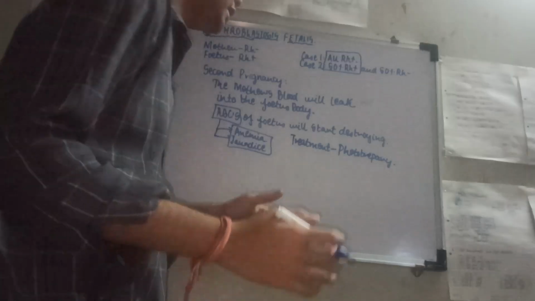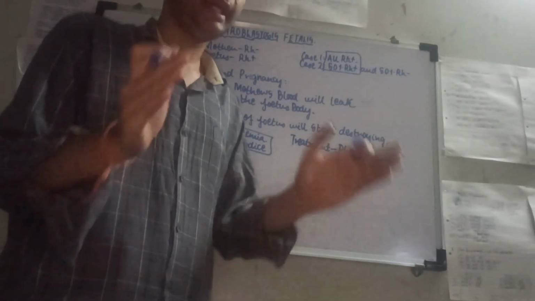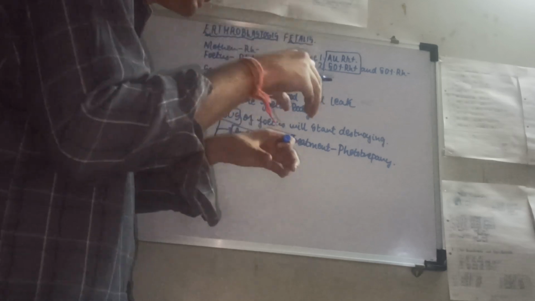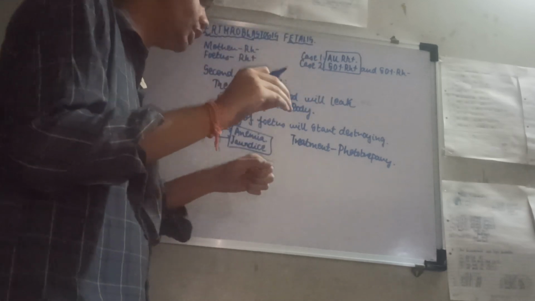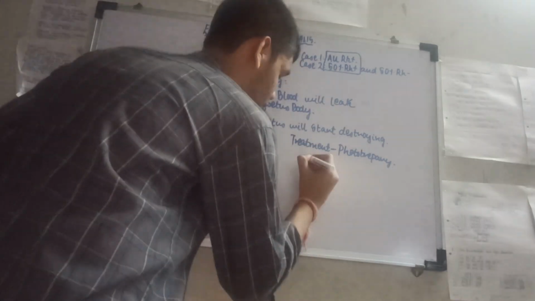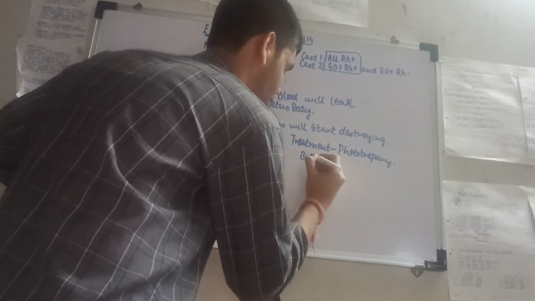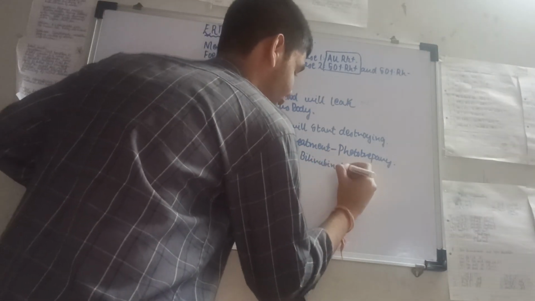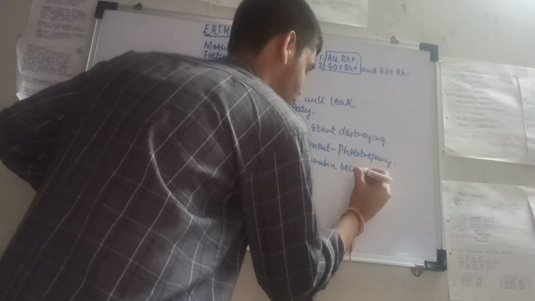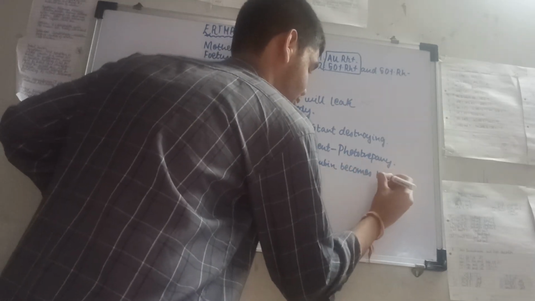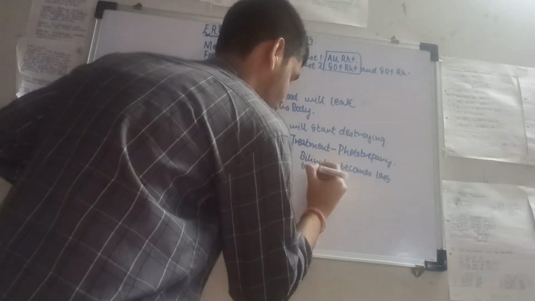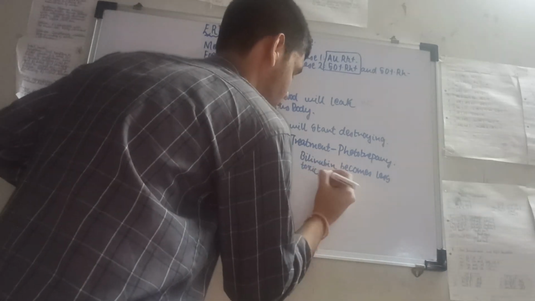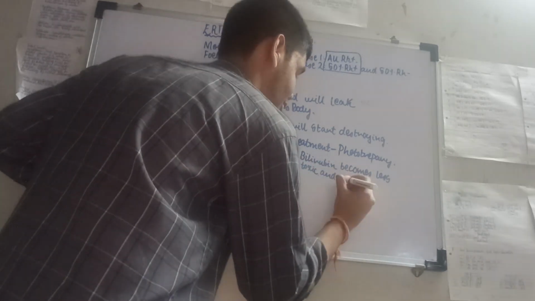We keep the child in the case, and light is flashed towards the child, so that the bilirubin becomes less toxic and soluble.